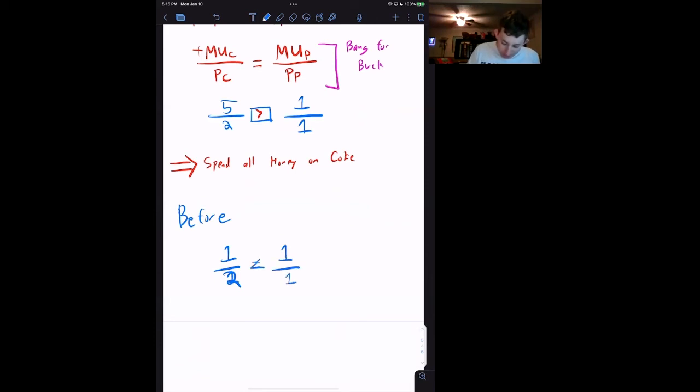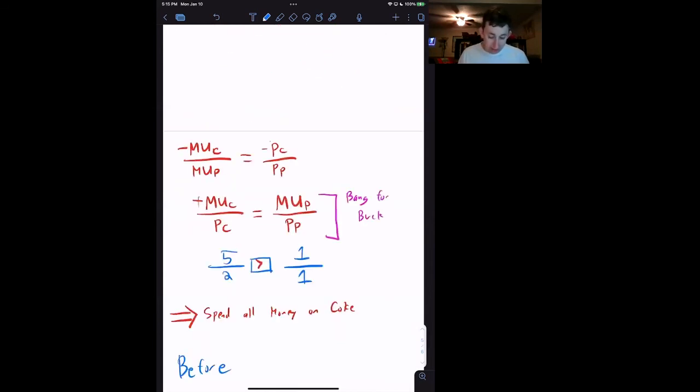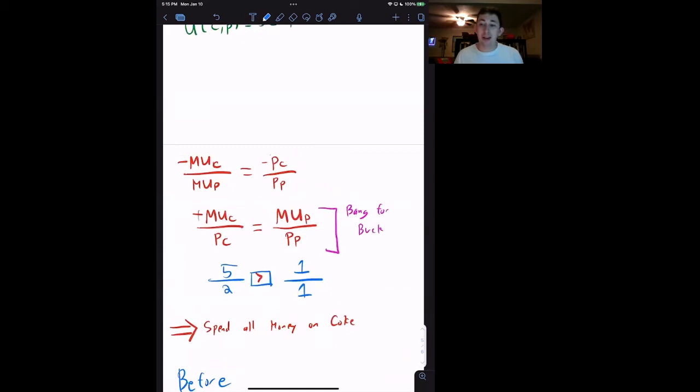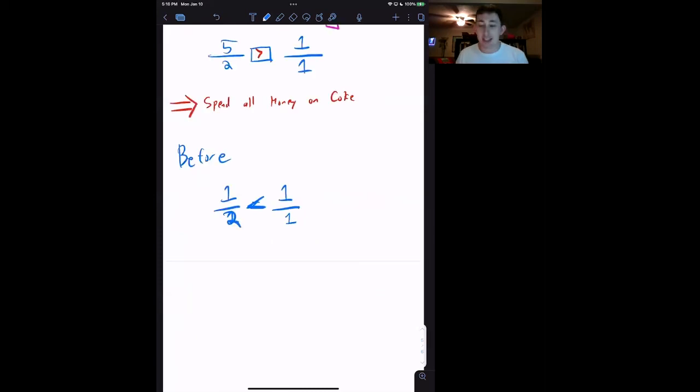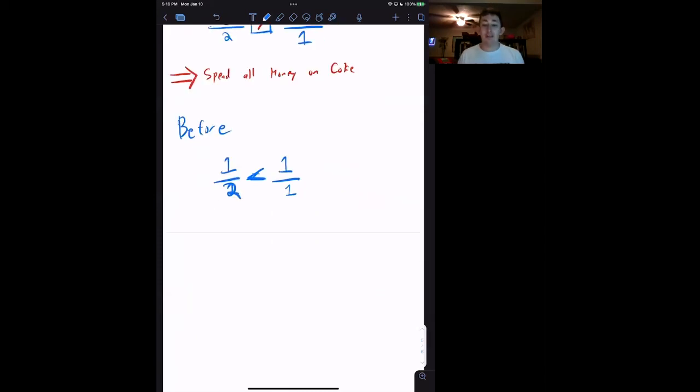So this sign goes this way, and we bought all Pepsi, which is what we found earlier. The takeaway here is because we like them differently, we like Coke more than Pepsi, even though the price of Coke is higher than Pepsi, in this case, it is still worth it for us to buy more Coke. And then in the first case, it was not worth it, so we bought all of the cheaper good, we bought all Pepsi.